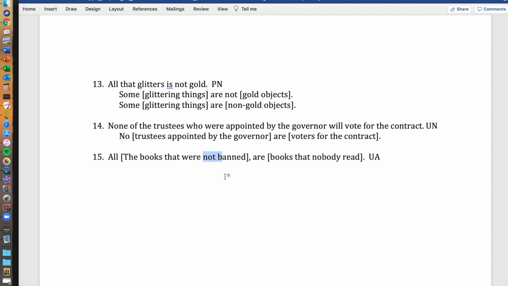And to avoid that, you could just change this into all non-banned or even unbanned books. But all non-banned books are, and again, you could be really efficient here and just say unread books. Right? All non-banned books are unread books, a universal affirmative.